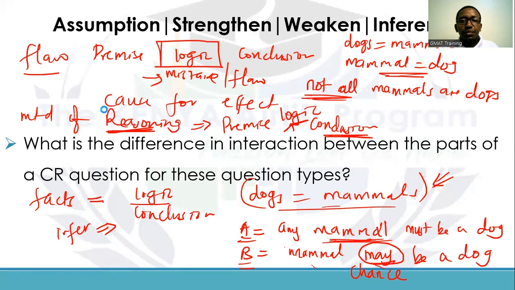Some of them want you to weaken or strengthen the conclusion, find the flaw in logic, or reason out why the conclusion was drawn that way. So understanding the flow of these questions is very, very key. That's why you should be careful when reading the question so that you do not end up getting confused. And again, practice makes perfect. The more you practice, the better you'll be at identifying what's the logic, what's the assumption, what's the conclusion.